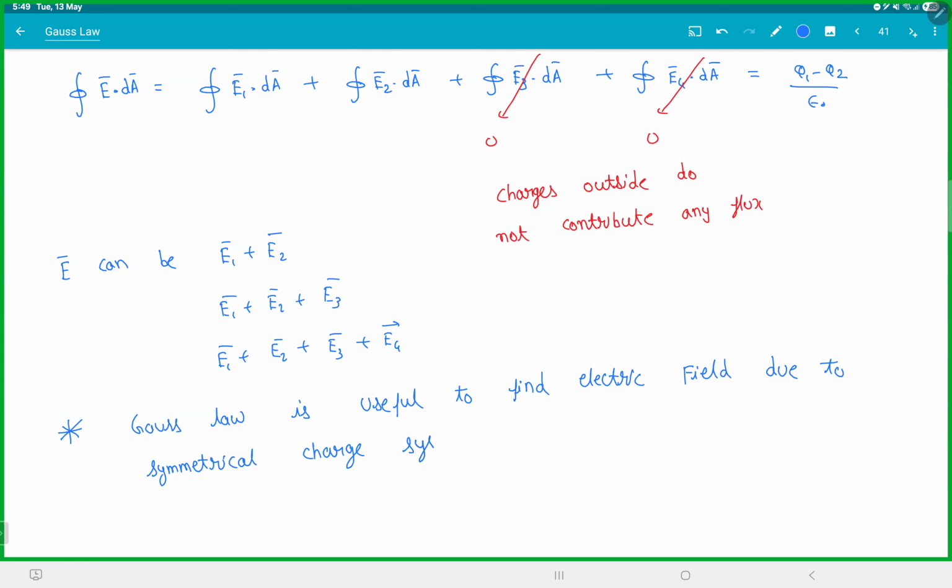That is the important word, symmetrically charged systems. If there is no symmetry, you really can't use Gauss law to find field distributions.